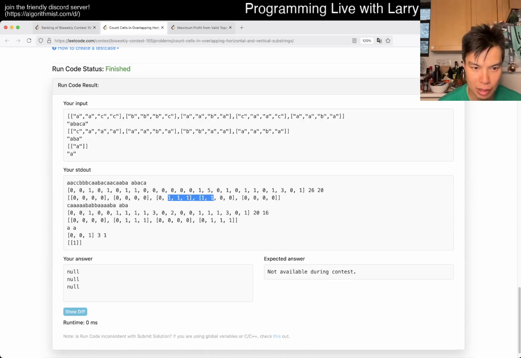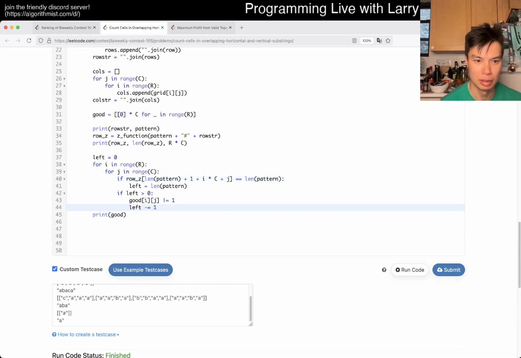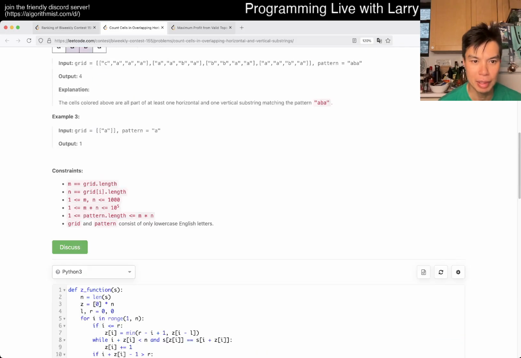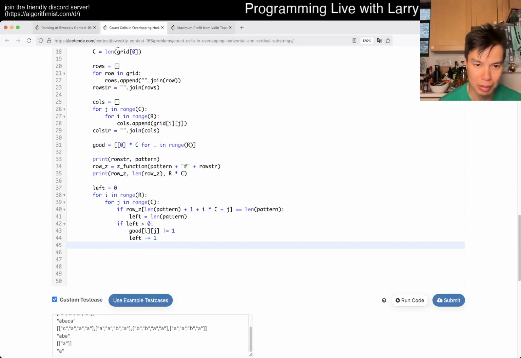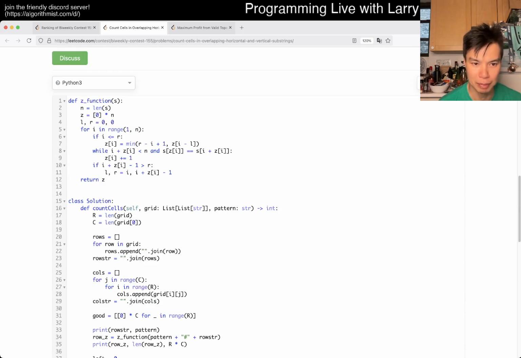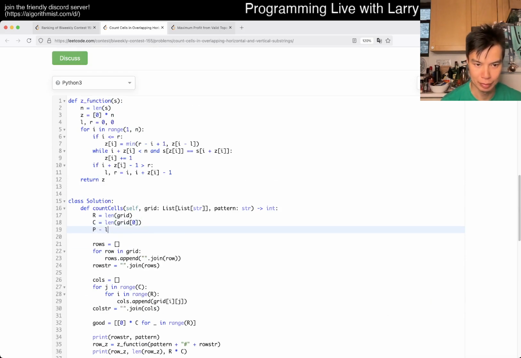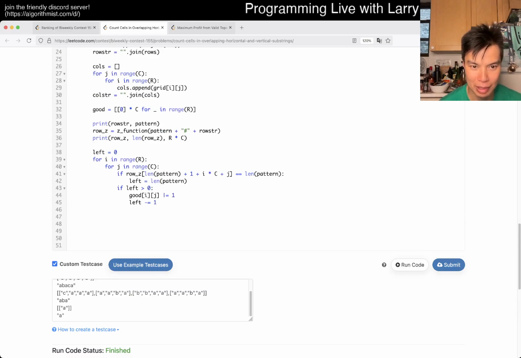So then now this is right, and then now, should I care about this optimization? 1,000 squared, maybe. Okay, fine. We should have done it anyway. I don't think this matters, to be honest, but I think it's fine to do.